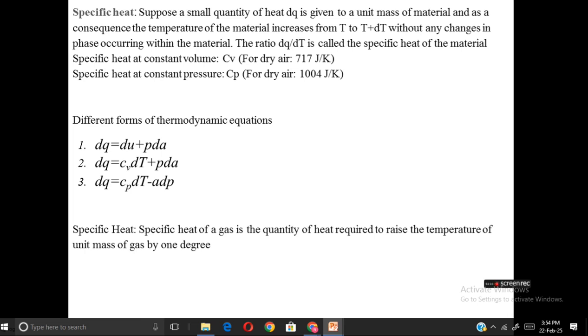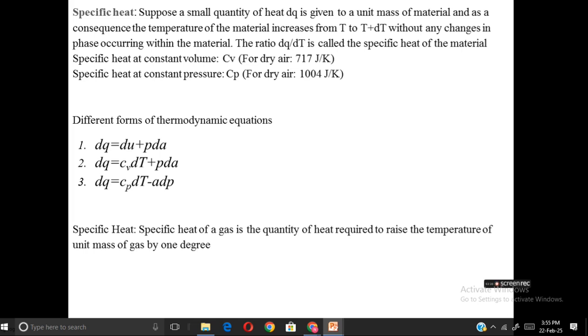Now let's see another important parameter, which is known as specific heat. Suppose a small quantity of heat dQ is given to a unit mass of material, and as a consequence of the supply of the heat, the temperature of the material increases from T to T plus dT without any changes in the phase occurring within the material.